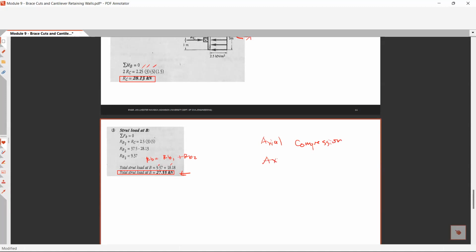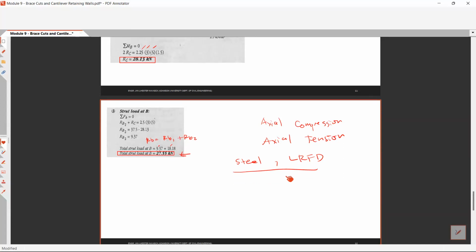If you're using steel and let's say LRFD, you can check the provisions for design of axial compression or axial tension in LRFD for steel. If you're using timber, you can check the provisions for timber working stress design in axial compression and axial tension. So that is how you analyze the lateral pressure and the forces on brace cuts.